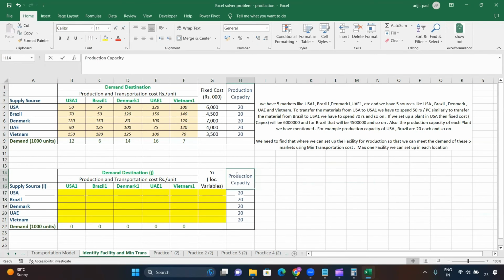Now, total transported. This will be the summation of what we are transporting to all these 5 markets.